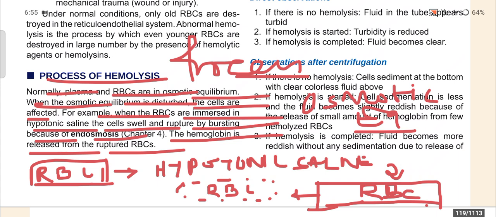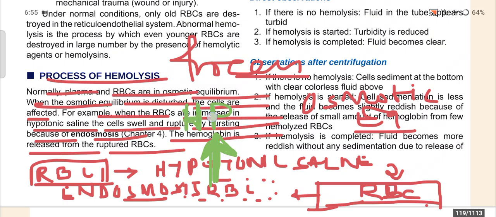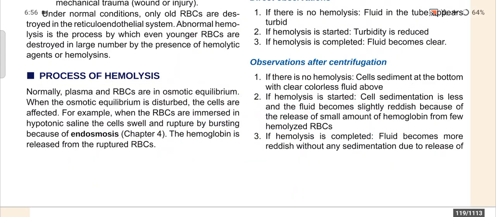It is ruptured by bursting due to the process of endosmosis. Now what is endosmosis? We will discuss it in the later chapters. And the hemoglobin is released from the ruptured RBC. So this is the process of hemolysis. Now go to the next point.